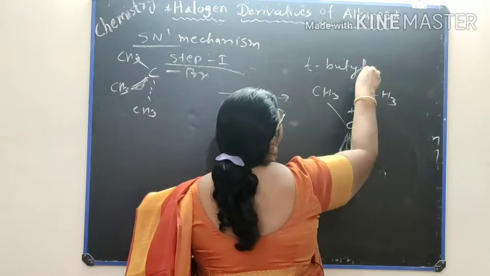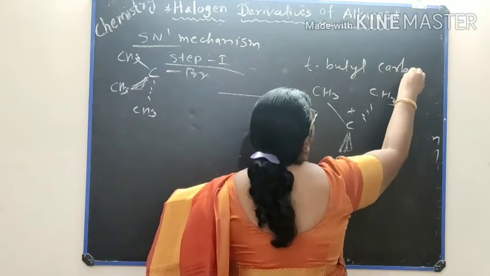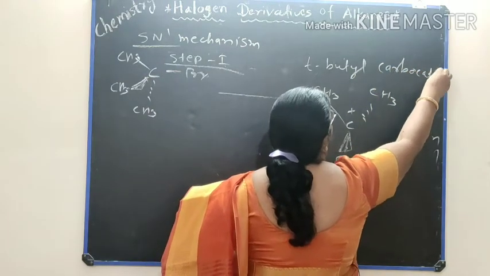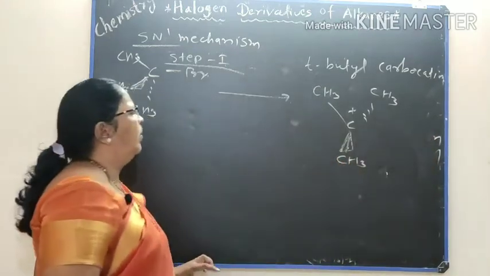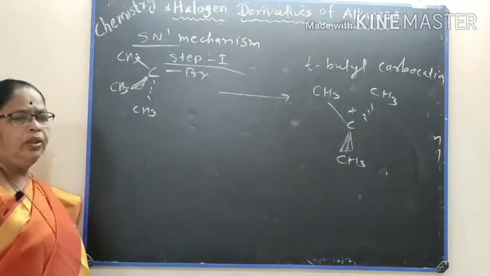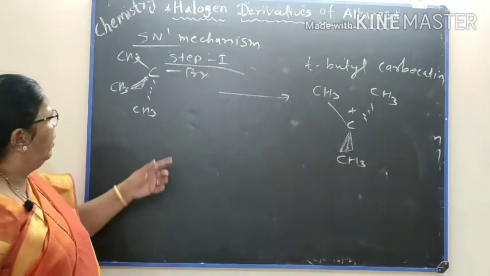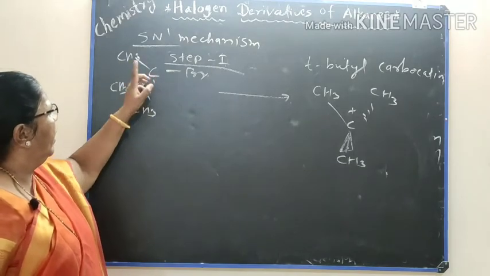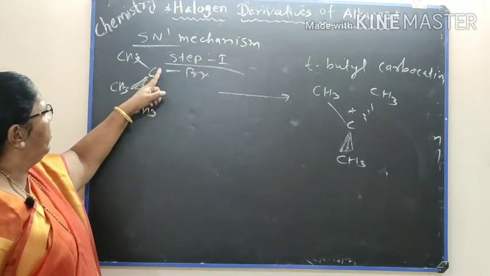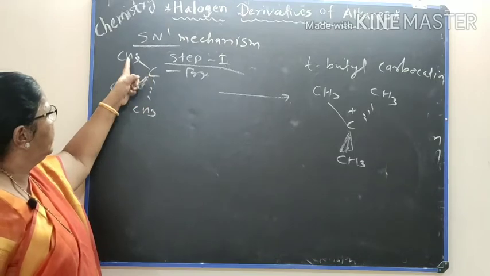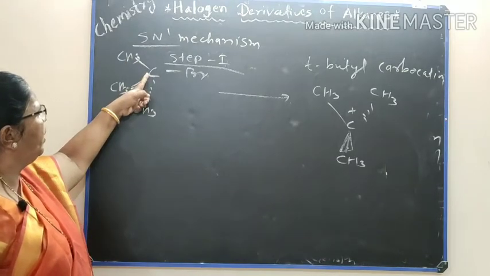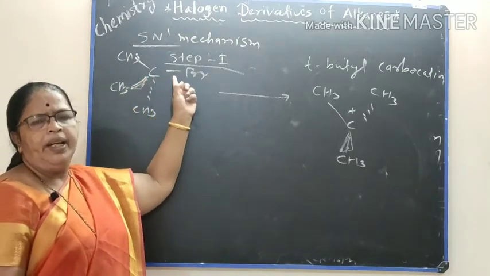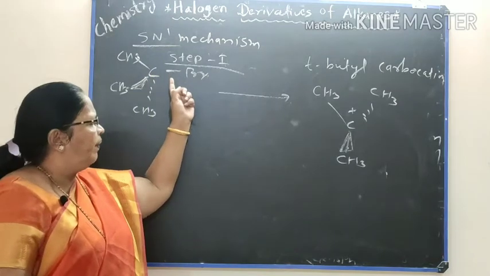How is this tertiary butyl carbocation formed? Here there are two types of inductive effect: C-Br, and the second one, the CH3 groups. The CH3 groups show the positive inductive effect and C-Br shows the negative inductive effect.